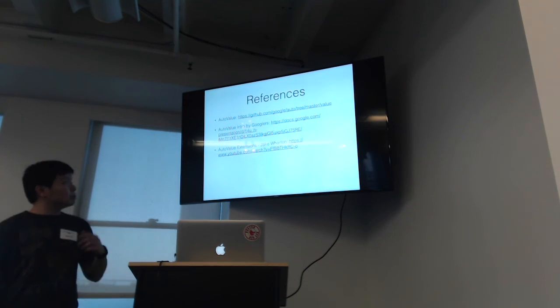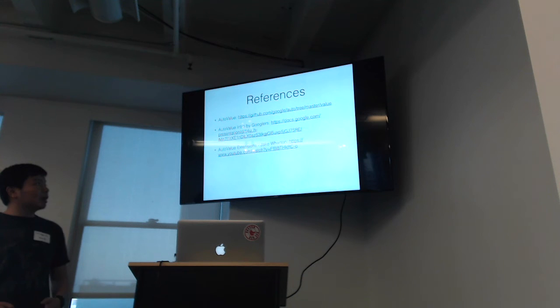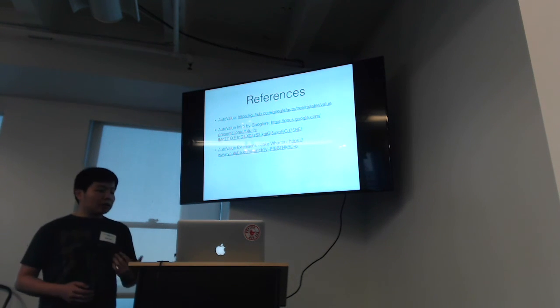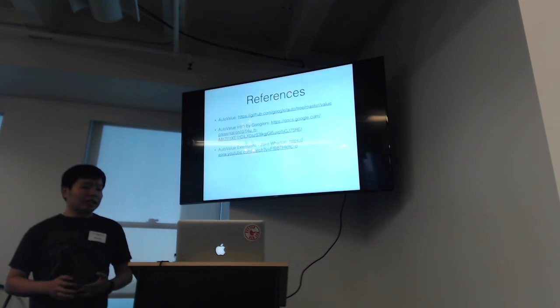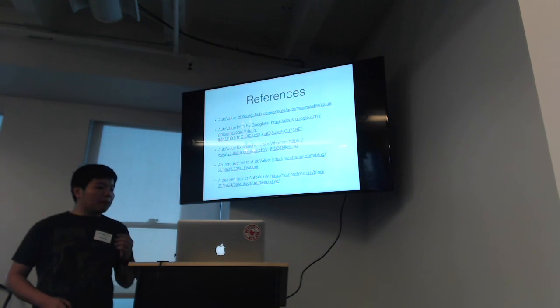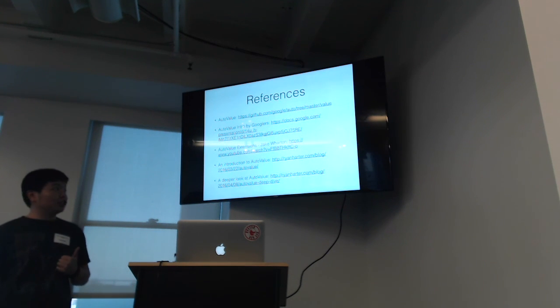And then there's a talk that dives deep into AutoValue extensions, how the API works, and how it's implemented if you want to roll your own AutoValue extensions. Also this guy created several AutoValue extensions. He wrote two blog posts: one is an introduction to AutoValue, another is a deep look at AutoValue.